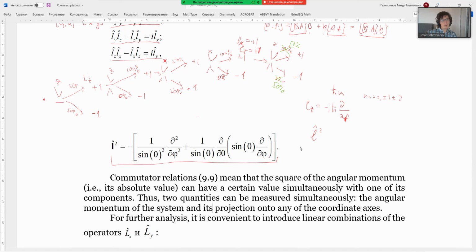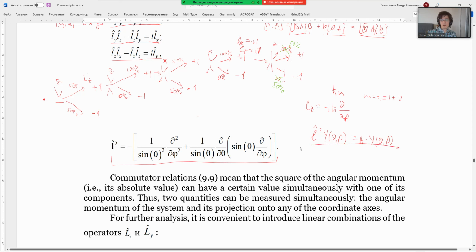One way to calculate the eigenvalues of L squared is to write down some function Y depending on theta and phi, and calculate L squared Y of theta, phi equals A times Y of theta, phi.